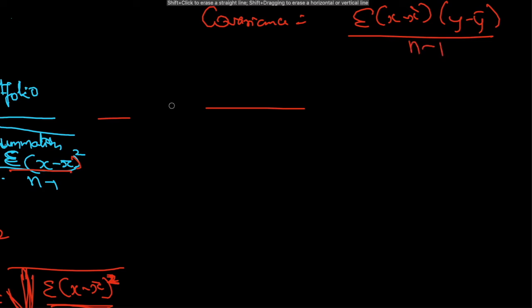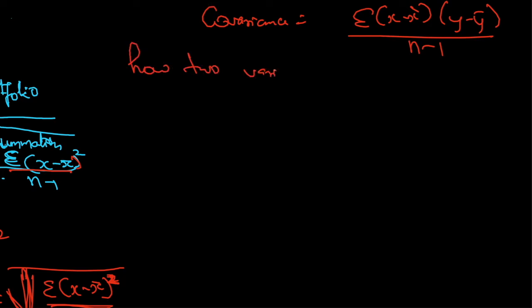This will tell me how two variables are moving with each other, how two variables tend to move together, whether they are moving together or not. That's what I'm getting to know.